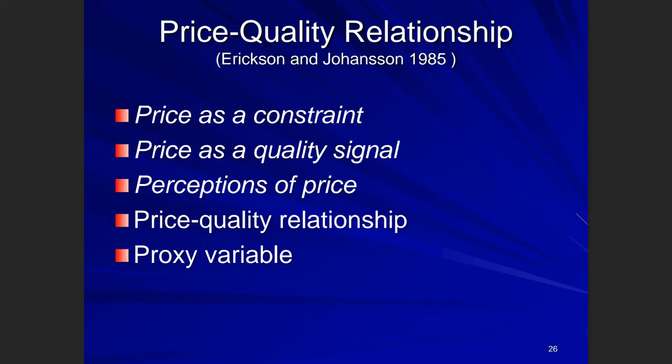So yes, they saw and we see that price absolutely can be viewed as a constraint. In other words, the more you spend on one thing, the less you have available to spend on something else, right? Almost like an opportunity cost kind of perspective.